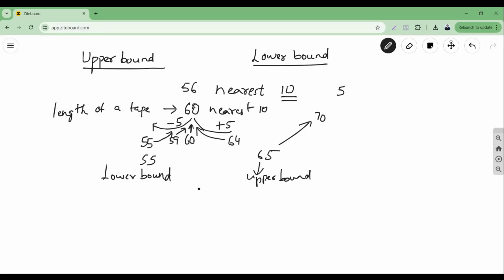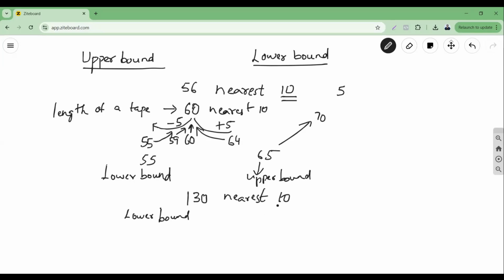Now, let's take another example so that you understand. Let's say 130, which has already been rounded off to nearest 10. Then what will be its lower bound? Because it's the nearest 10, I'll subtract 5.